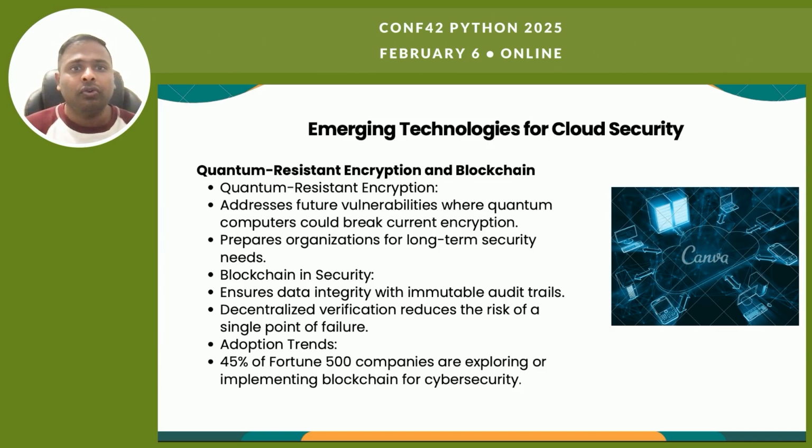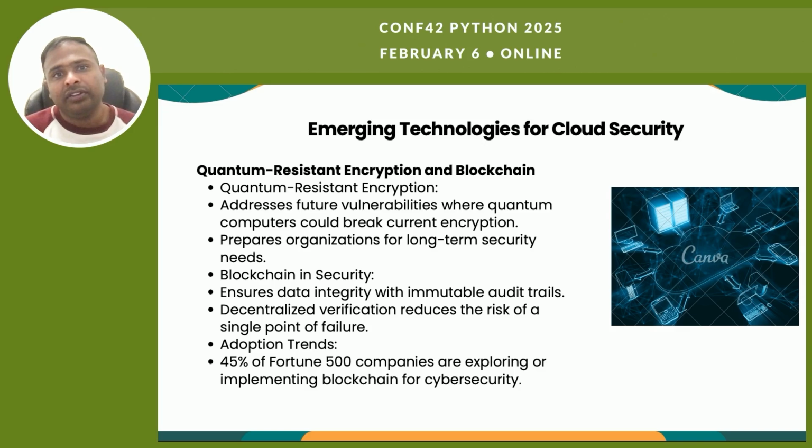We can also look at quantum-resistant encryption and blockchain. Quantum-resistant encryption addresses future vulnerabilities where quantum computers could break current encryption. So it prepares organizations for long-term security needs and helps in the transition as quantum-resistant encryption matures.